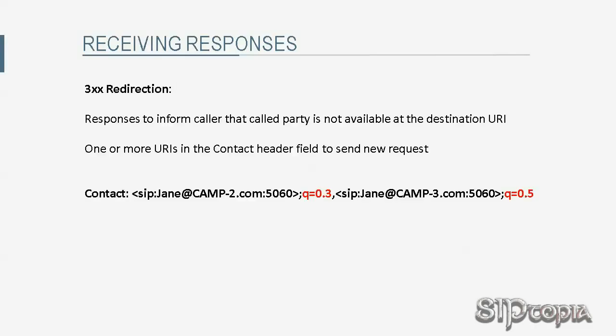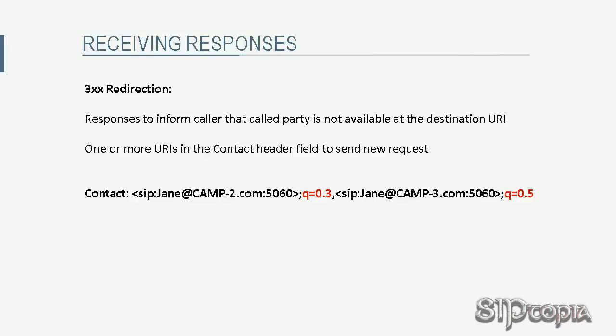3xx Redirection. These are responses used to inform the caller that the called party is not available at the destination URI. They come with one or more URIs in the Contact header field that the caller may use to send new requests to in order to reach the called party.